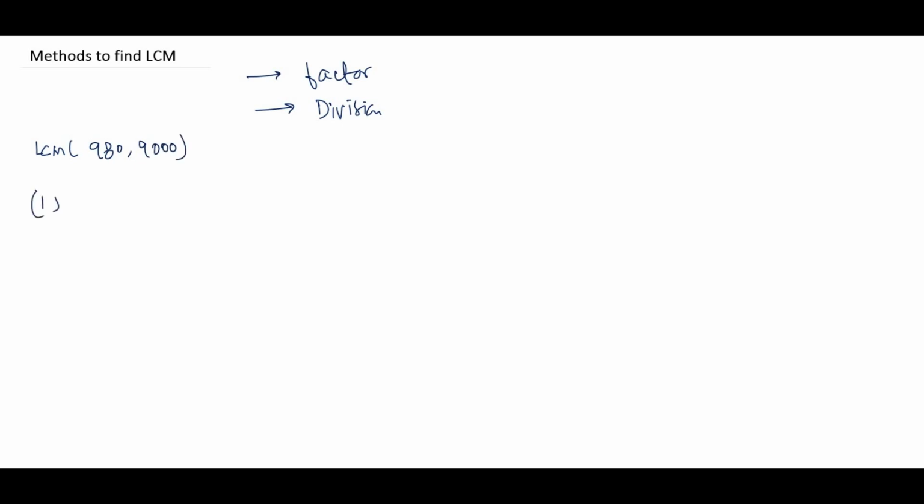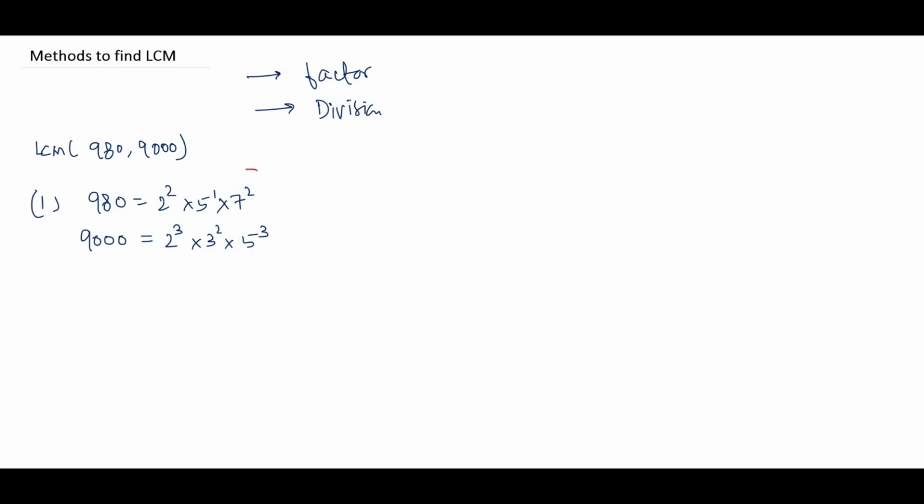In the factor method, what we do: 980 can be written as 2 square, 5 to the power 1, 7 square. These are nothing but the prime factors. You should be able to find them out. 9000 can be written as 2 cube, 3 square multiplied by 5 cube, right?